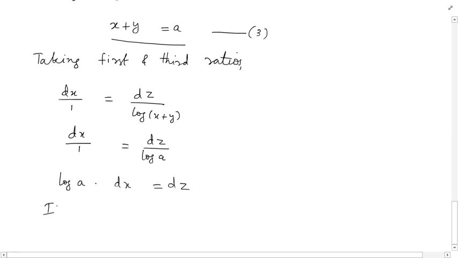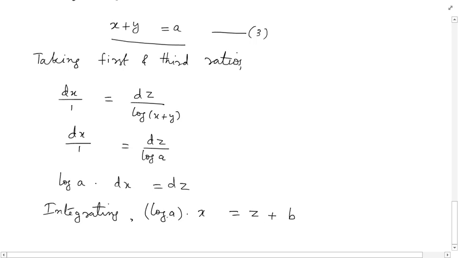So now integrating, and a is a constant, therefore log a is also a constant. Log a into integral dx is x, and integral dz is z plus constant of integration, I'll write it as b.